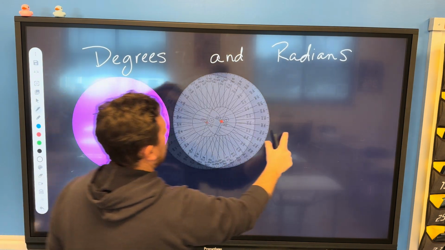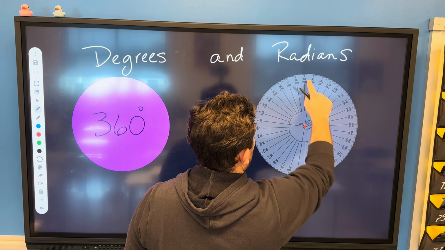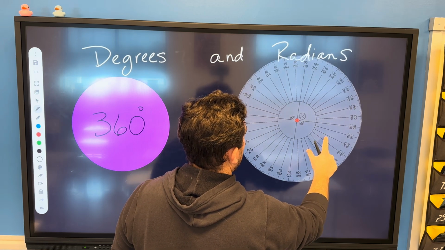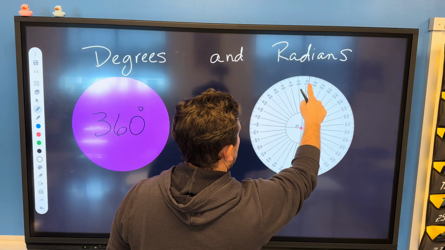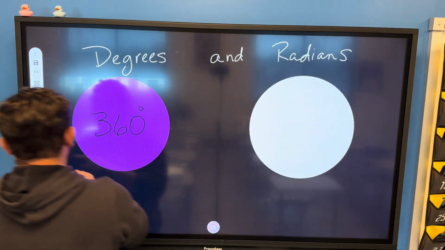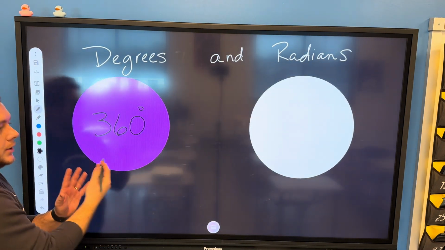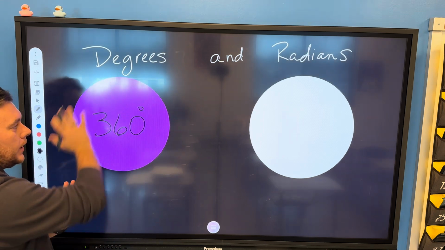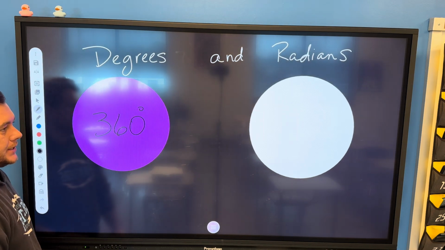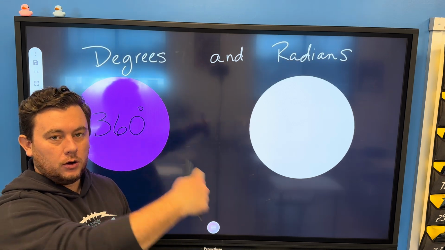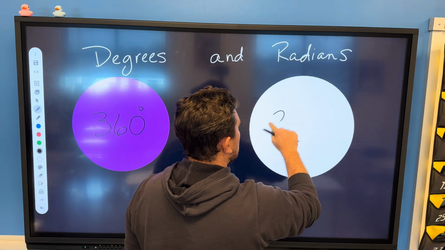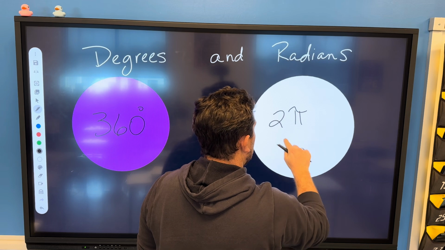So let's drag our circle over here, and I'll stay there. All right, there we go. And here is another full circle. Bam. Okay. In degrees, all the way around a perfect circle is 360 degrees. In radians, that same amount, all the way around a circle, is 2 pi radians.